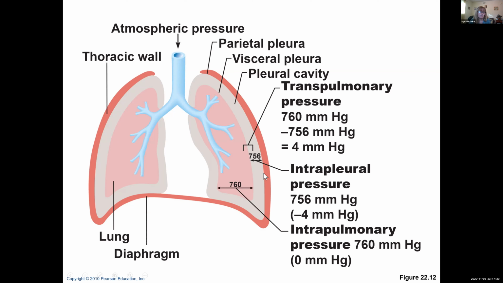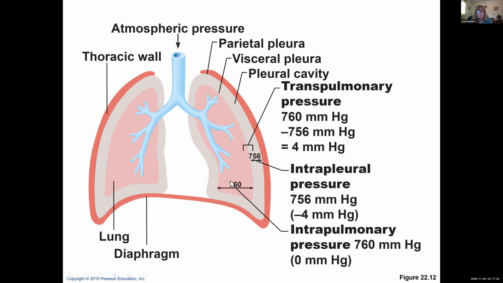So that makes sense, right? So we have pulmonary pressure that is 760 millimeters mercury or 0, because it's equal to atmospheric pressure. And we have intrapleural pressure that is -4 millimeters mercury, so it's a negative pressure.